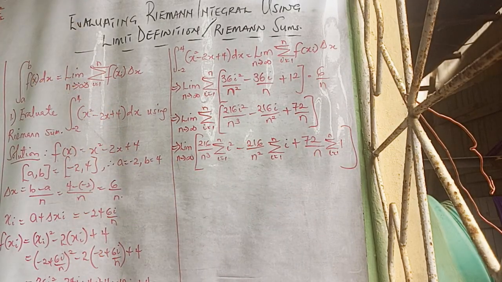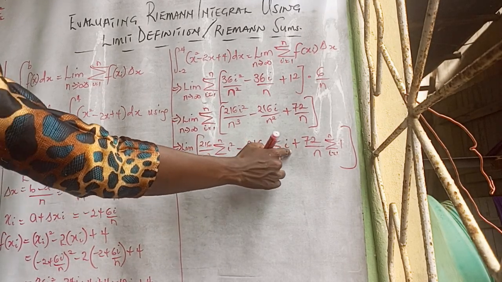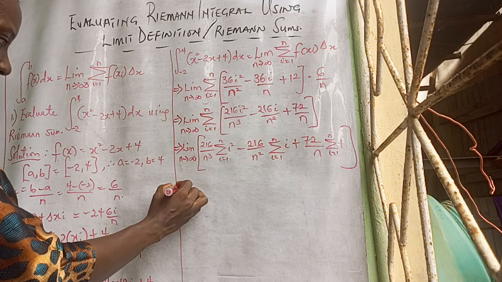From the previous classes, you would have seen summation i squared and summation i. I'm going to input that directly.